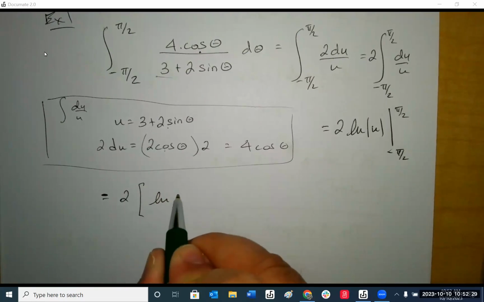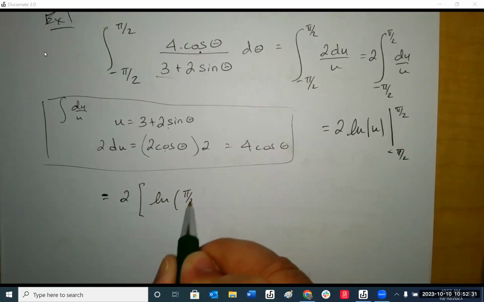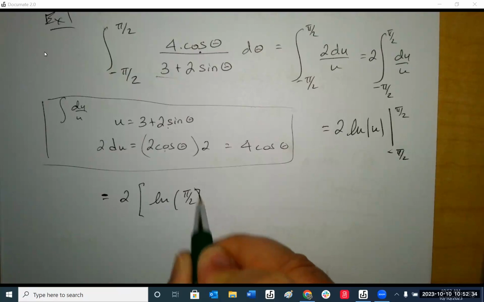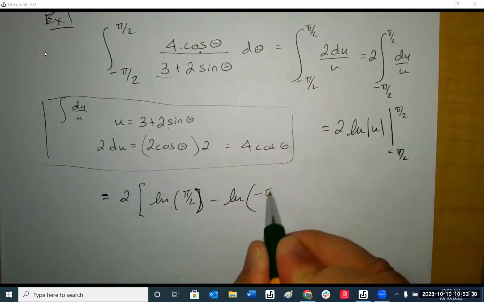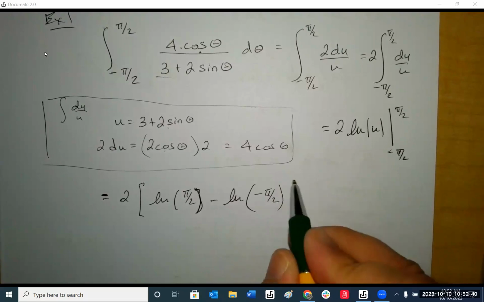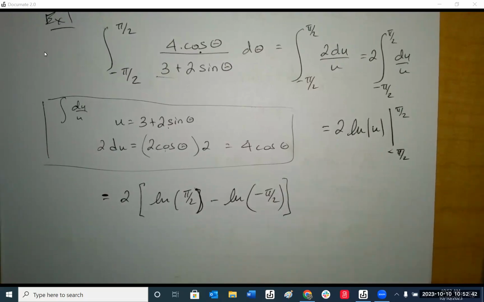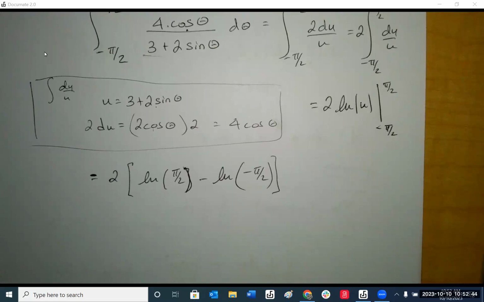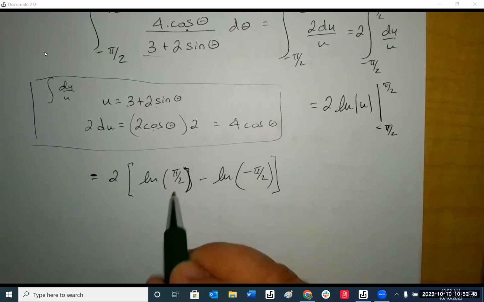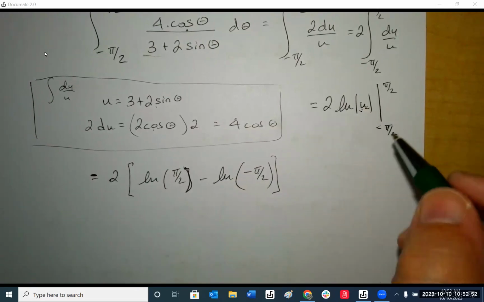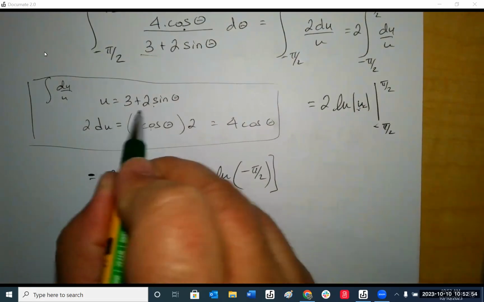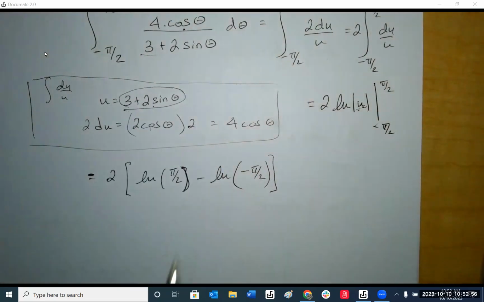We have ln of pi over 2 minus ln of negative pi over 2. Well, it's at u of pi over 2, because u is this function.